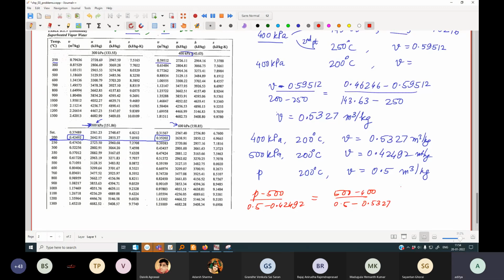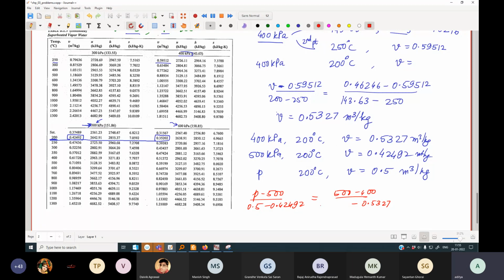I'm getting a very wild answer. Did I make a mistake? On the right hand side, the denominator would be 0.42492 minus 0.5327. This is incorrect, right? So do not make these mistakes. Do not make these mistakes.